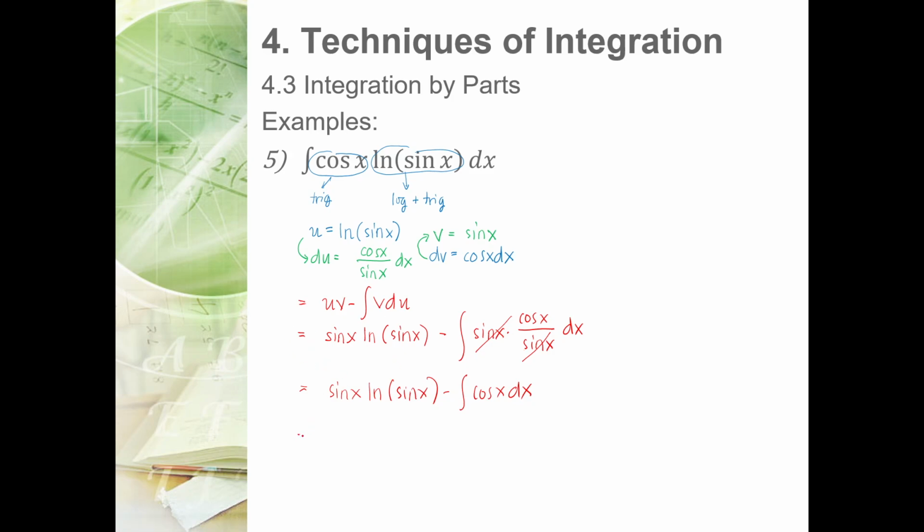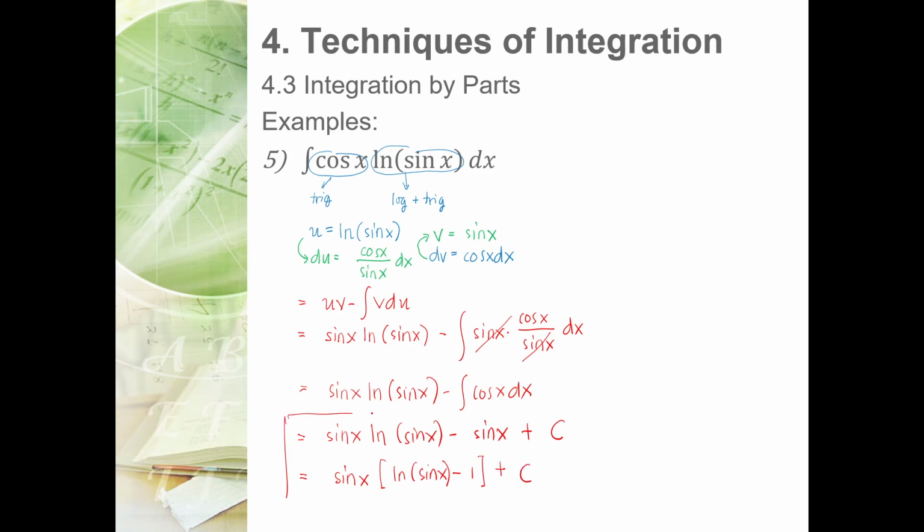So the final answer would be sine x ln of sine x minus sine x plus c. So this may also do with the final answer, or if you want to factor out sine x, so sine x would be equal to ln of sine x minus 1 plus c.